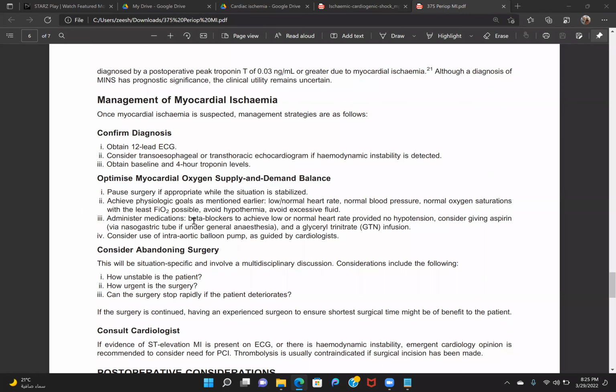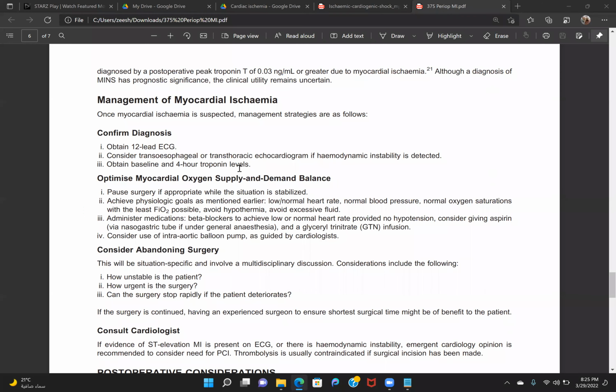According to the blood pressure, you will be giving beta blockers. You will be starting nitrates. You will be doing a 12-lead ECG. You will be getting the help of a cardiologist, and further management will be according to the scenario.